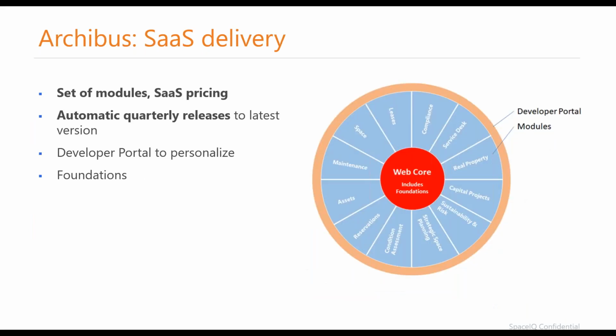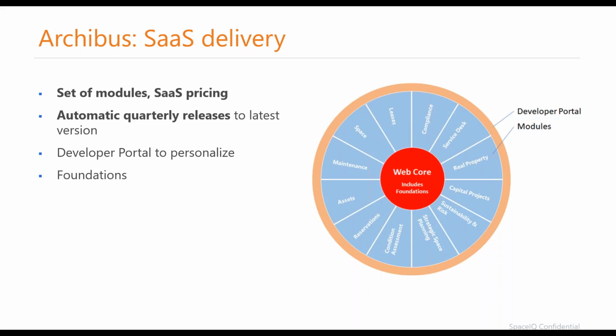As a reminder, I mentioned it before, Archibus does deliver in both on-premise or partner-hosted model, and it also has a SaaS model. The SaaS delivery is a set of modules, and so we've just reorganized the applications and domains that we have in the on-prem delivery model, to simplify things and to organize them into modules that follow SaaS pricing.